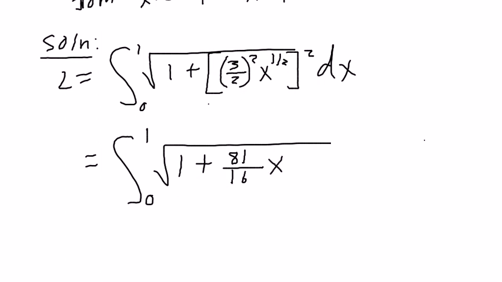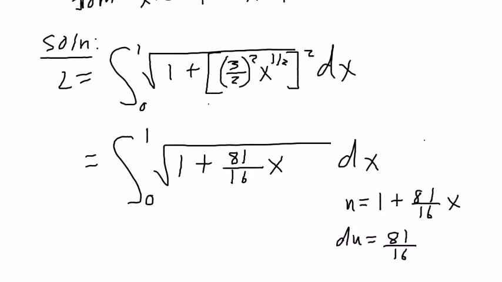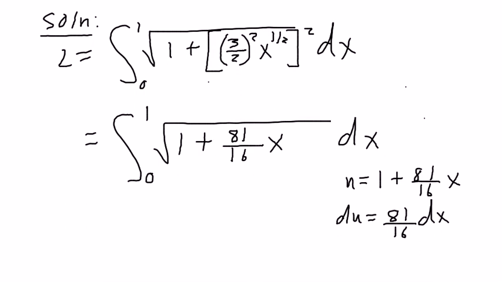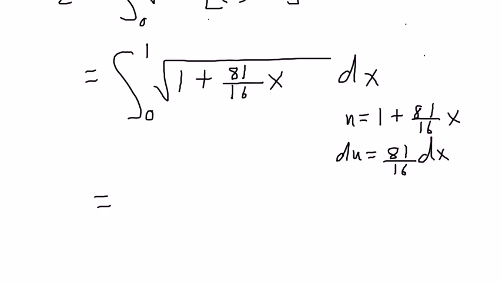And then you're going to get x, because if I square the square root I just get x dx. So let u be 1 plus 81 over 16 x, then du is 81 over 16 dx. So then your integral becomes, if x is 0 then u is 1, if x is 1 then u is, what would this be, 97/16.